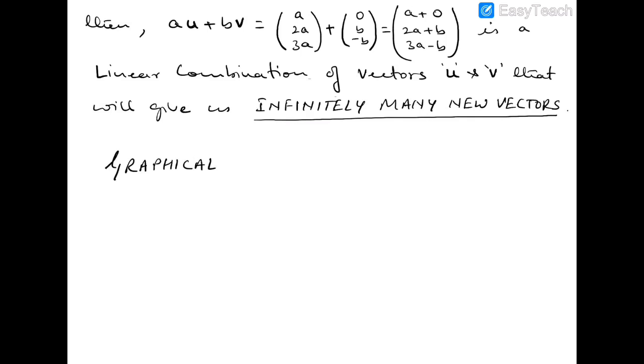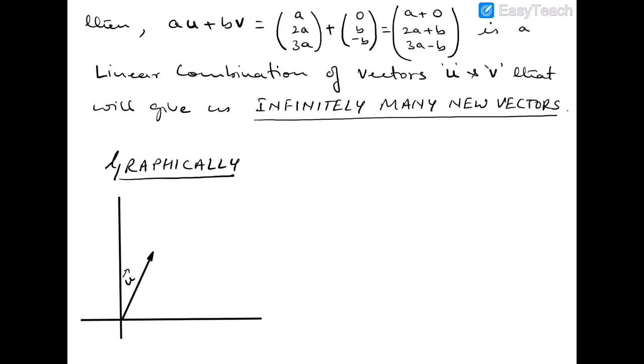So now graphically, if this is vector u and this is vector v, then let's draw a line parallel to vector v and a line parallel to vector u to get a parallelogram.